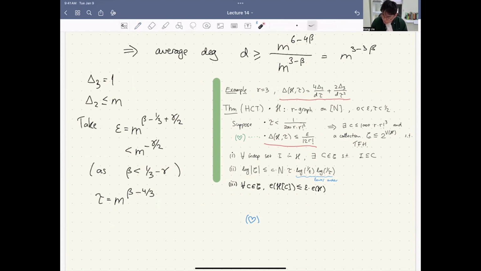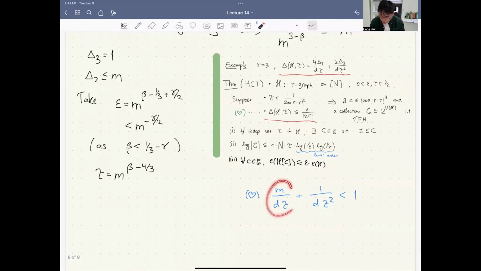So this is m over d tau plus 1 over d tau square. It's not clear which one is larger. So we want this to be less than some absolute constant. Let me just write 1. That means we need both of these to be less than 1. And that requires tau to be bigger than d over m.